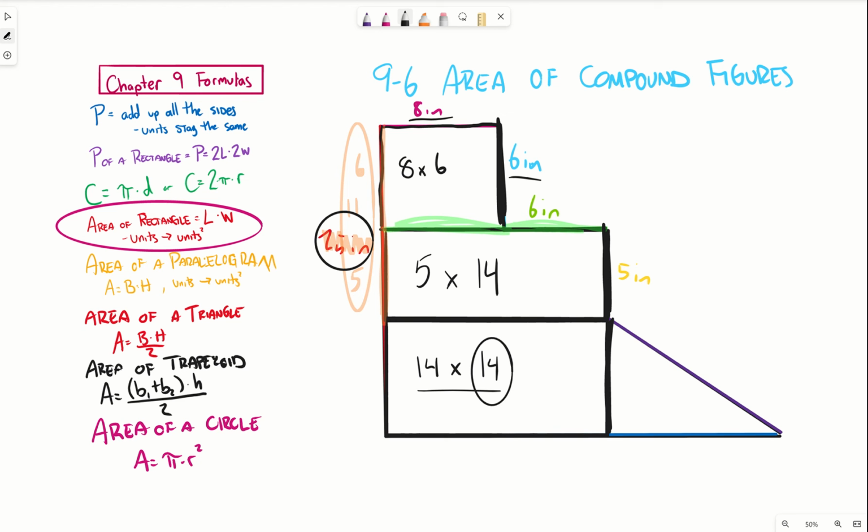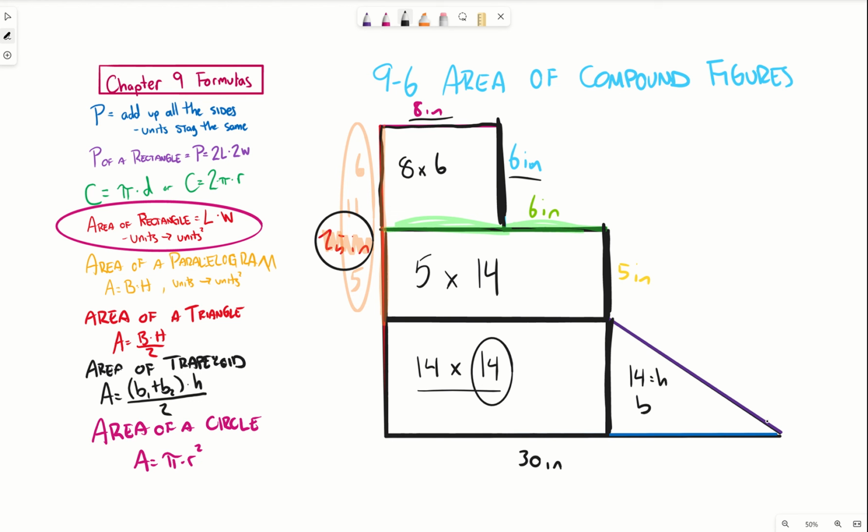Okay, now we have a triangle, and we know the height of that triangle has to be 14. And the base has to be this. Oh, did I not write this before? This grand total was 30 inches.